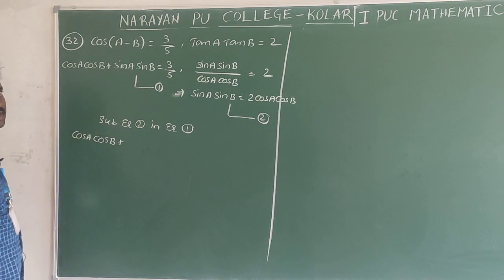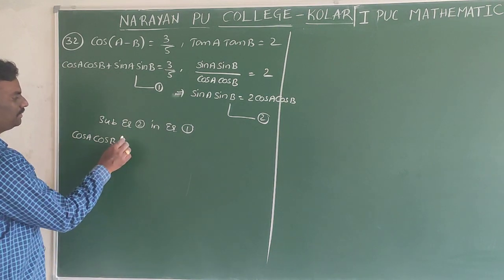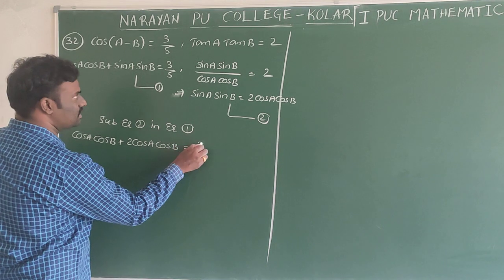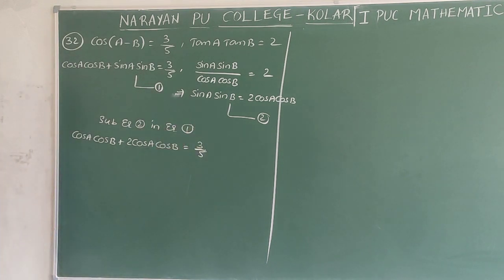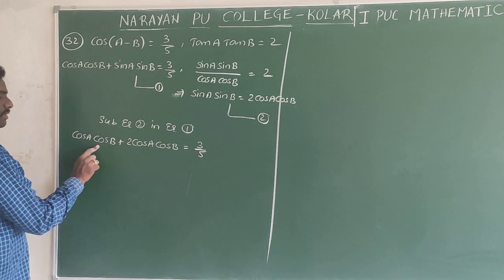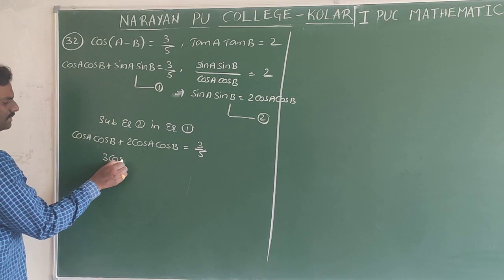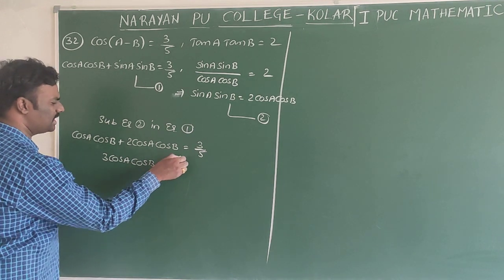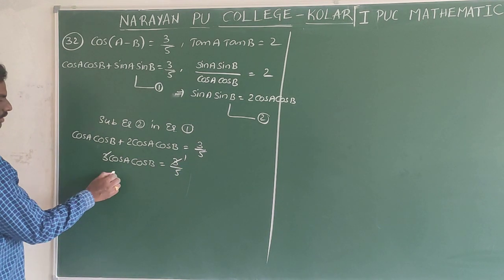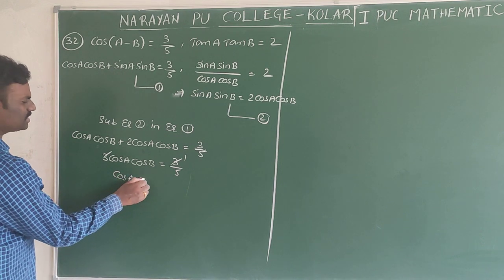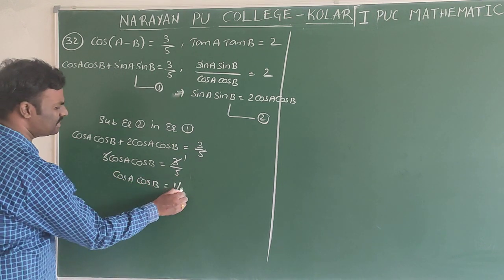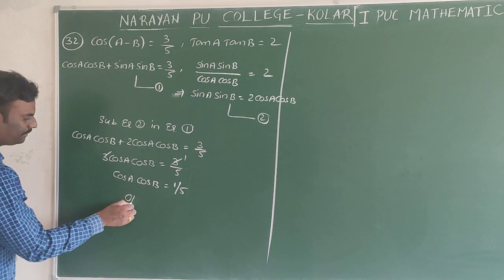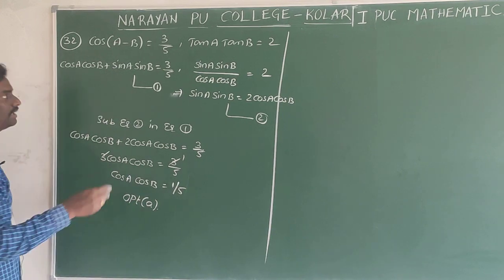In place of sin a sin b, I can write 2 cos a cos b, that is nothing but 3 by 5. So cos a cos b here 2 times, here 1 time, totally 3 times you will get. Now both sides 3 and 3 get cancelled. Now we got cos a cos b value is 1 by 5. That is nothing but option A is the correct answer.